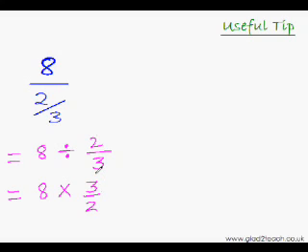Now this can be simplified further. 2 4 times is 8 and 4 times 3 is 12. So that means this whole thing is nothing but 12. But the good news is that you don't have to put down all these steps every time. We can very easily simplify this directly, since we have to divide 8 by 2.